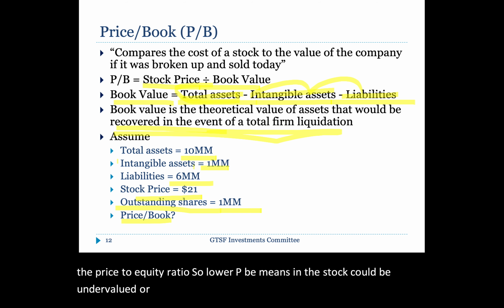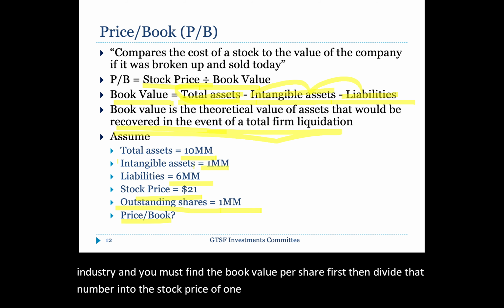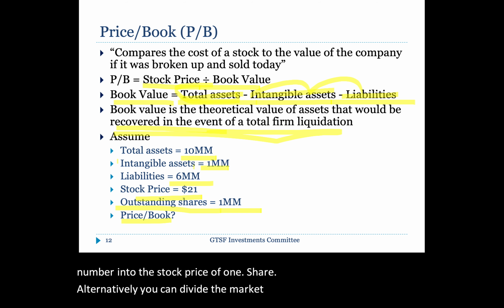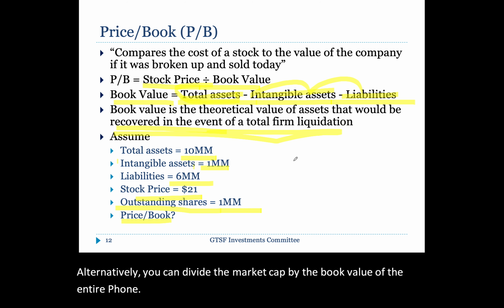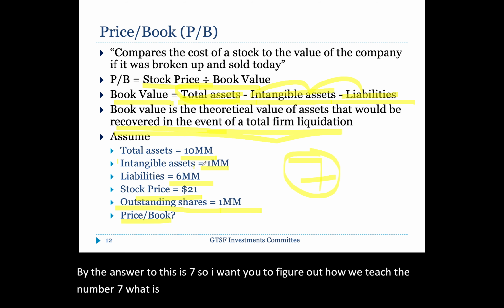Again, it varies drastically by industry, and you must find the book value per share first, then divide that number into the stock price of one share. Alternatively, you can divide the market cap by the book value of the entire firm. Right, the answer to this is 7. So I want you to figure out how we reach the number 7. What is the price to book of 7 for this particular example over here?